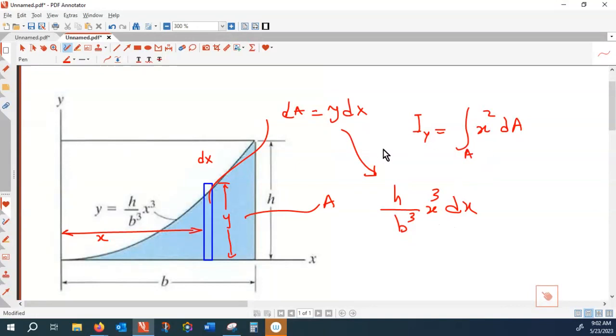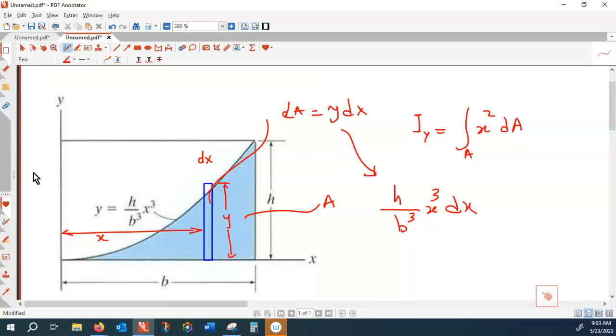Here I don't need to calculate x in terms of y, because I can change the domain of integral either between 0 to b or between 0 to h. 0 to h is when I have the expression in terms of y. As long as it scans the entire area, either horizontally or vertically, that does the calculation.